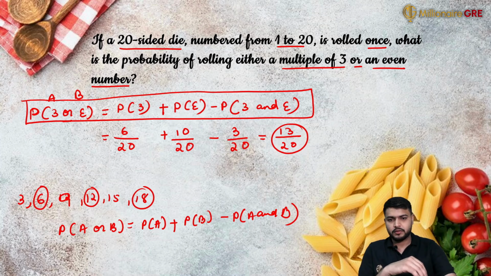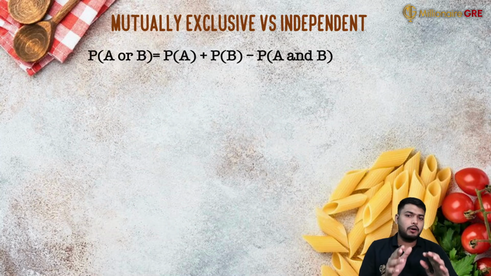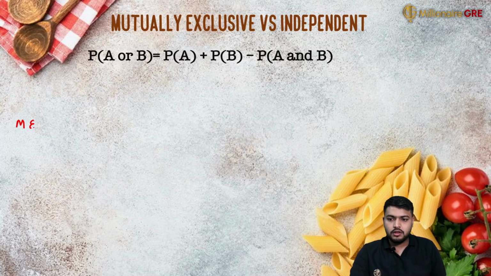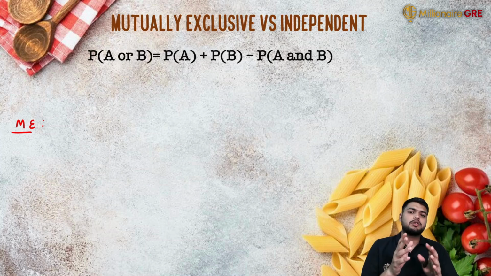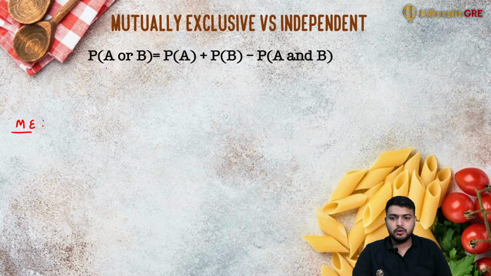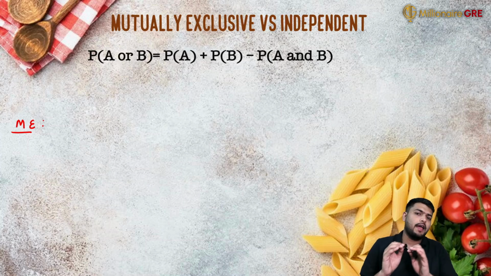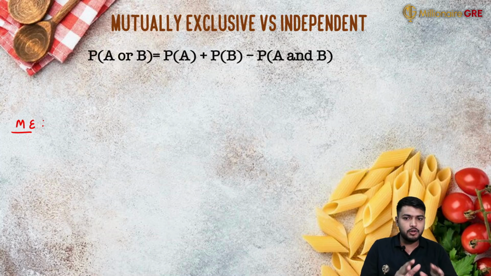Now let's discuss mutually exclusive and independent events. Two events are mutually exclusive when they cannot happen at the same time. For instance, you cannot get head and tail on a single toss of a coin. Those two events are mutually exclusive.